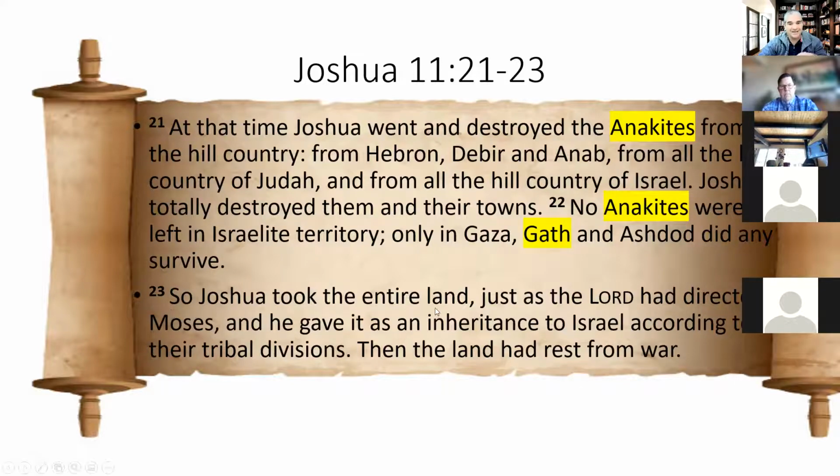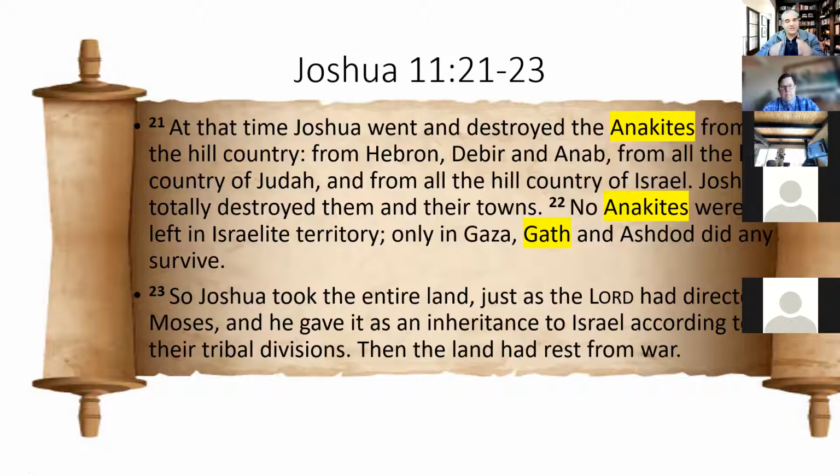At the end, we see this. So Joshua took the entire land, just as the Lord had directed Moses, and he gave it as an inheritance to Israel according to their tribal division. Then the land had rest from war. A split second after that, we have the book of Judges, where the land definitely doesn't rest from war.